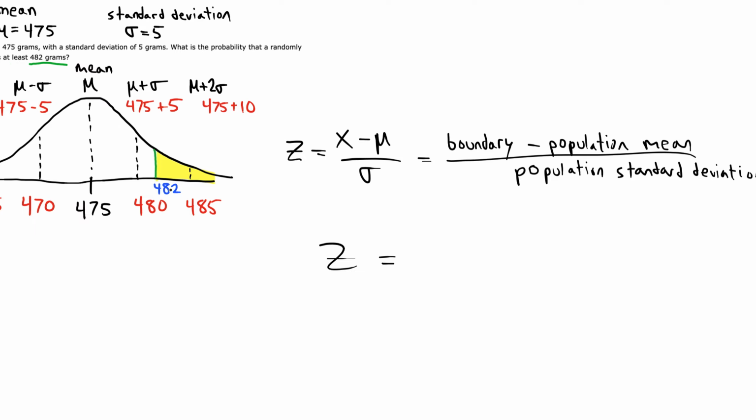So the boundary that we have for our problem is 482. The mean is 475. And our standard deviation was claimed to be 5.